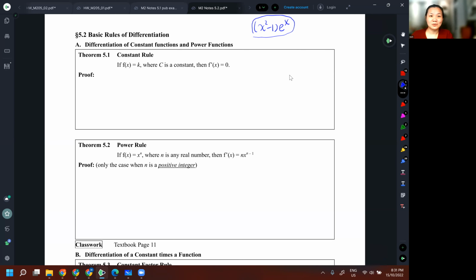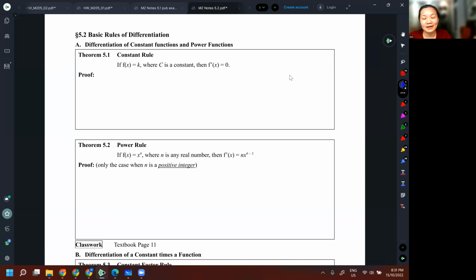Now, how about a mixture, like a polynomial multiplied by an exponential, how am I supposed to find that? Am I supposed to use the first principle all the time? It's not realistic. Do you know that? To use the first principle to find the derivative function every time is not realistic. Now, if we want to learn this calculus, the differentiation part, very well, you cannot base everything on your limit skill.